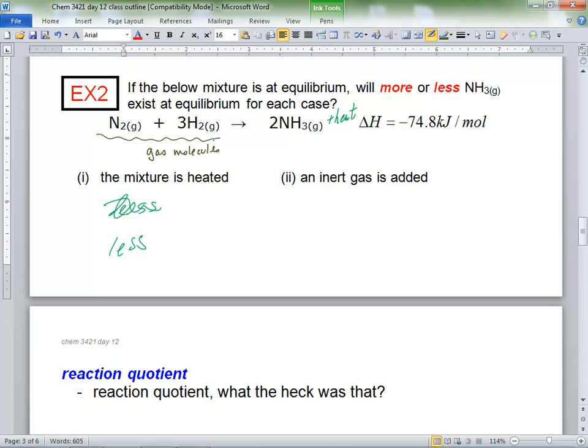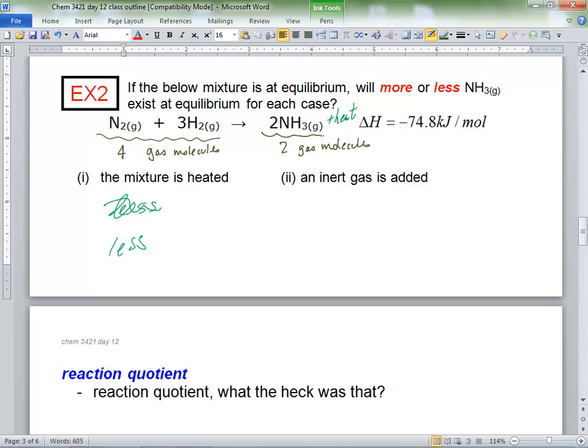Everybody see 4? On this side, I have how many gas molecules? 2. And all you're counting up is the gas molecules. A liquid or a solid in the container isn't going to exert any pressure. It has no effect on pressure. It's the gas molecules that create pressure. So that's all we're interested in.